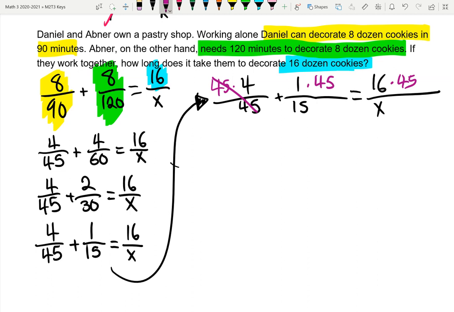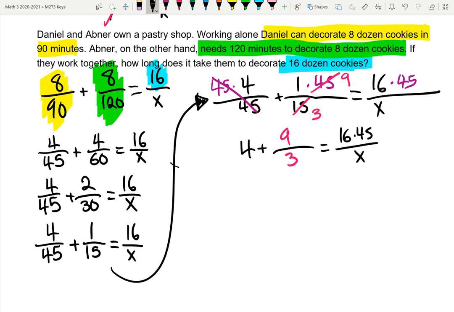Now 45 over 15, you can see that they're both divisible by 5. So I'm going to divide by 5. That's going to be 9. 15 divided by 5 is 3. And then I'm going to go ahead and have 4 plus 9/3 is equal to 16 times 45 over x.